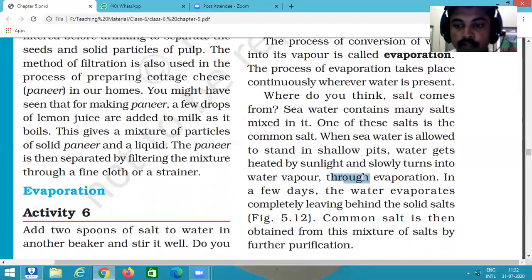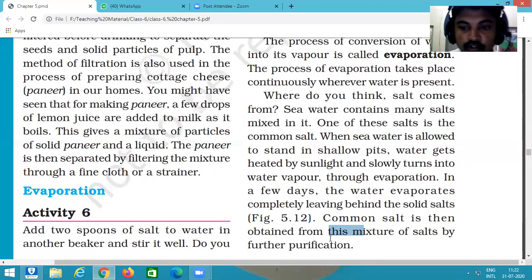So through the process of evaporation, water continuously evaporates, and in a few days the water evaporates completely, leaving behind only solid salt. The common salt is then obtained from this mixture of salts by further purification.